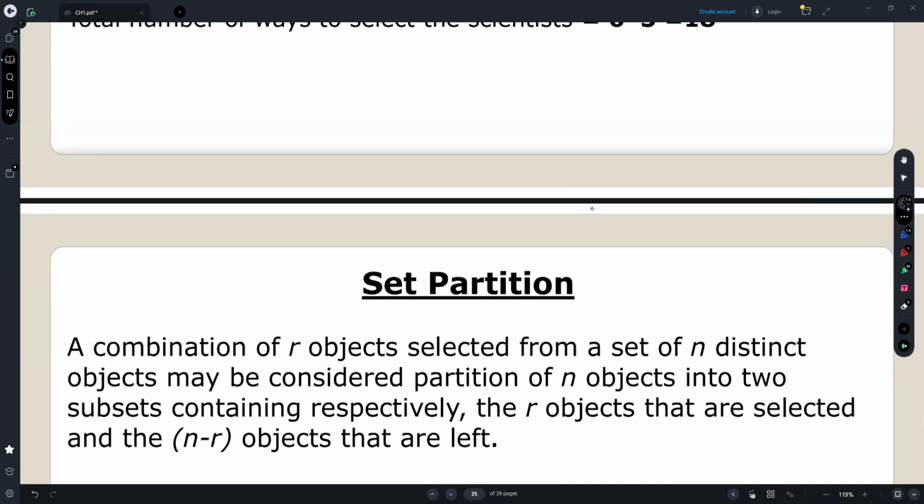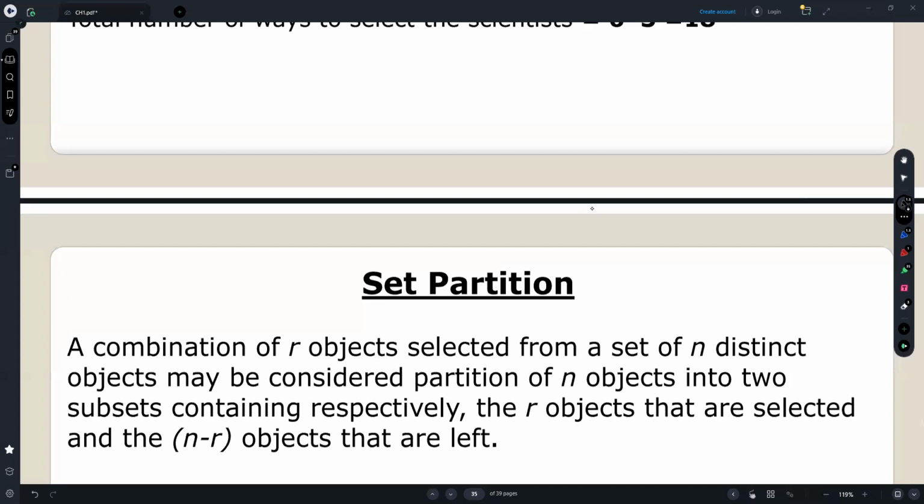That is selecting R out of n, n choose R. Now the condition is, this combination of R objects selected from these n different objects may be considered a partition of n objects into two subsets containing respectively R objects and n minus R objects, right? So that is the easiest way to think about it.